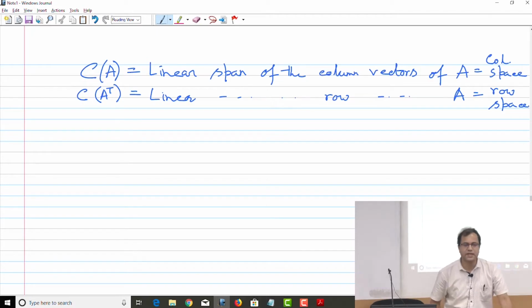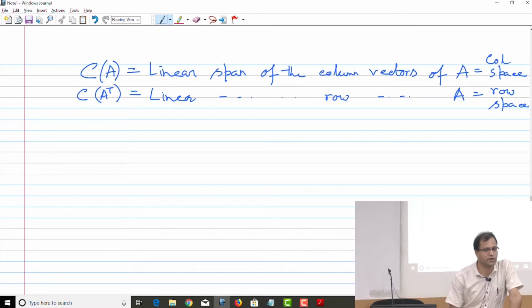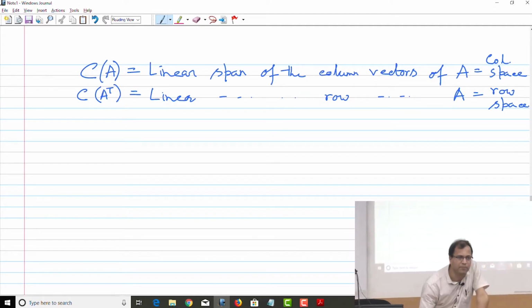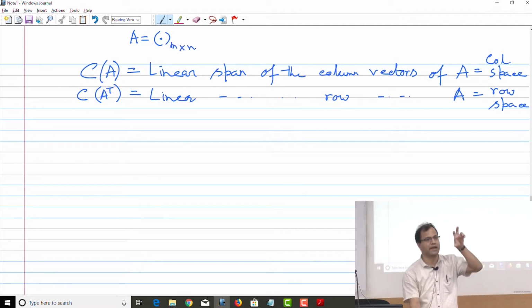So CA is a subspace of which vector space? A is our m by n matrix. The columns will be from Rm.